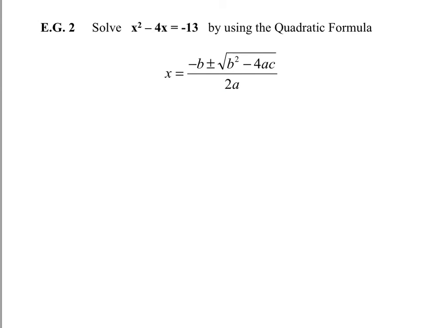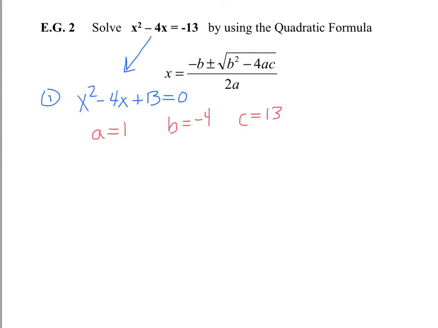Here's another example. X squared minus 4x equals negative 13. Again, you have to get your equation or your function in standard form. This time we're adding 13 to the other side to equal 0. And then I'm going to identify my ABCs. A is 1, B is negative 4, C is positive 13.